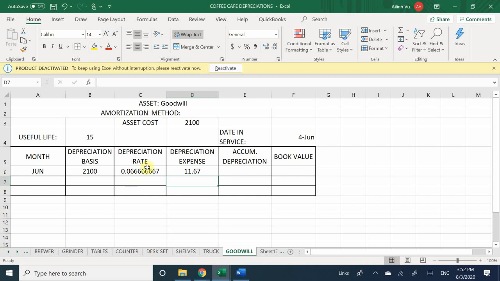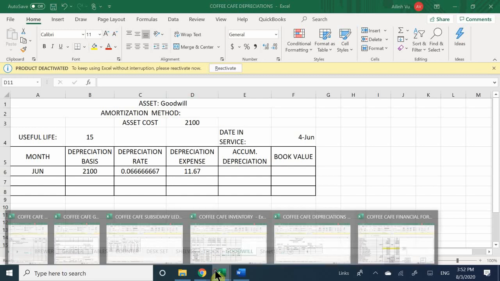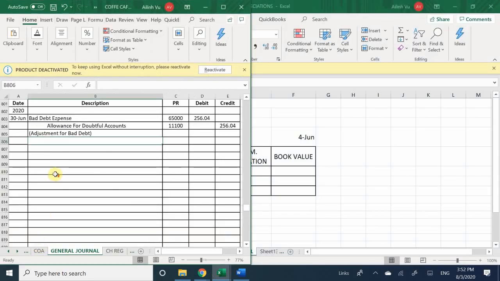Divide that by 12 and you get 11.67. Good. $11.67 is correct. All right, we finally went through every single depreciation method out there.